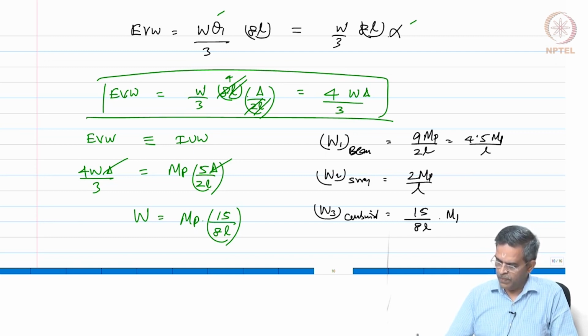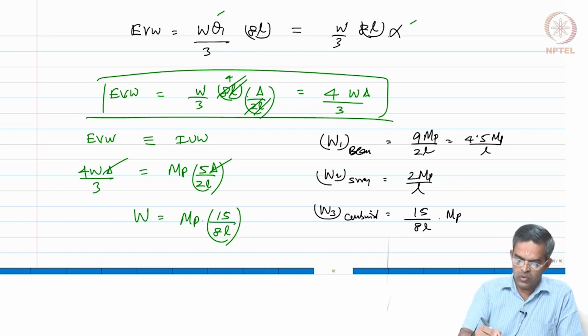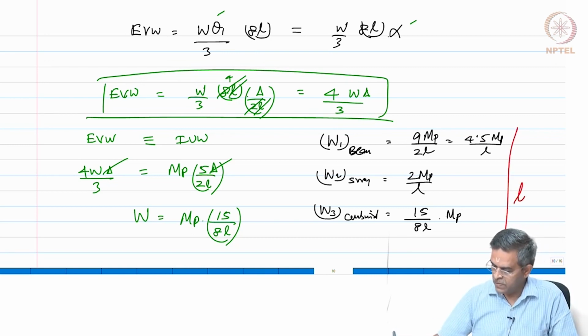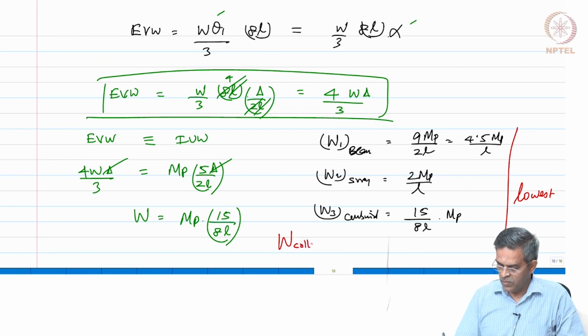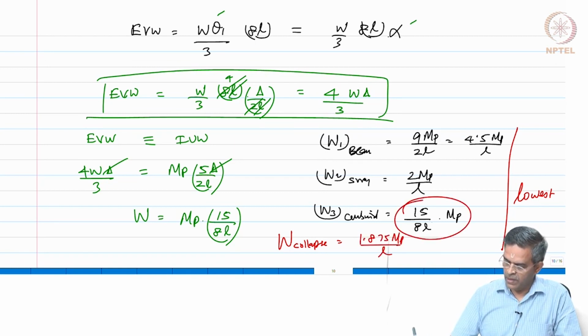So, we must choose the least of all. Okay. So, now the true collapse load will be 1.875 MP by L, which is given by here.